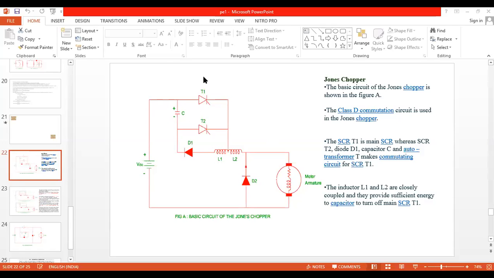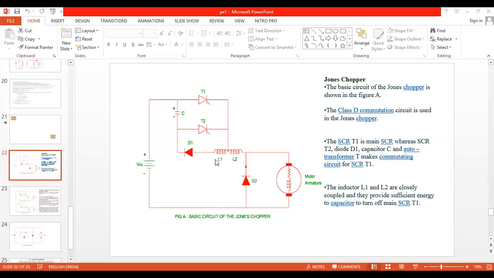Our main concentration in today's topic will be the Jones chopper. What is the speciality of this Jones chopper? In this circuit we have a capacitor, and a center tapped transformer. Why are we using this center tapped transformer?